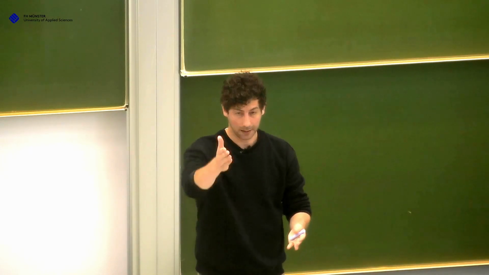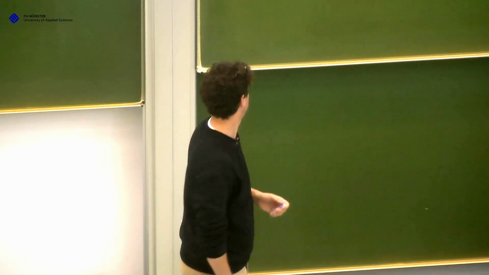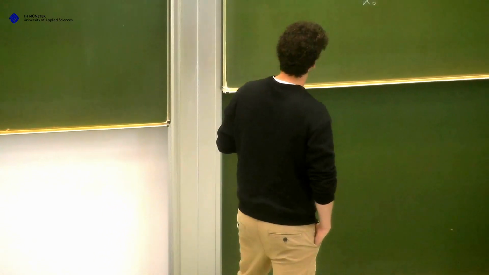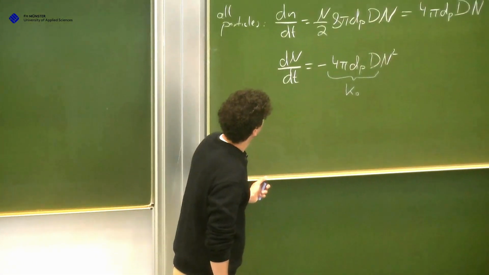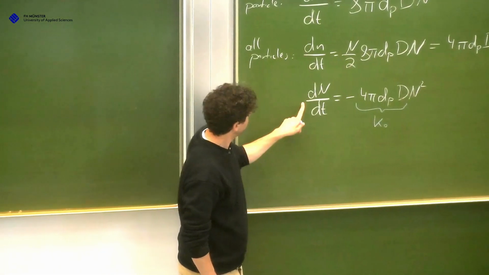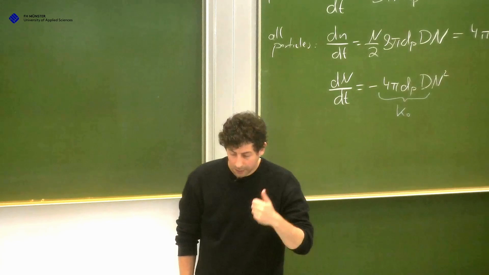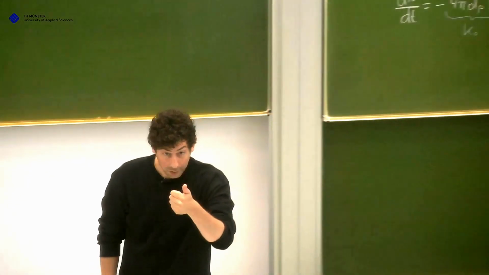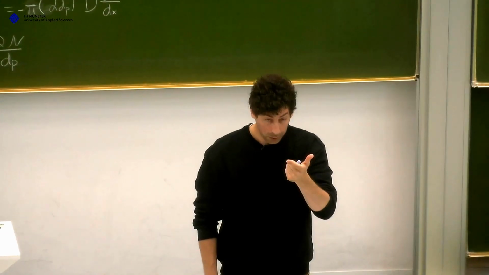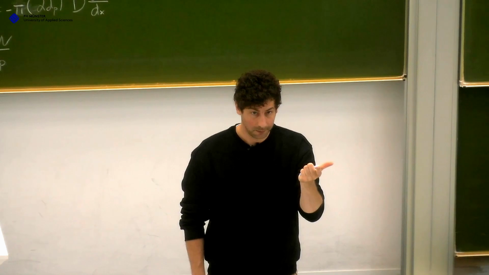I wonder how on the third line the small n became the large n, dn dt. From here to here, it's because the number of particles, the concentration and the number of collisions, they are numerically the same.